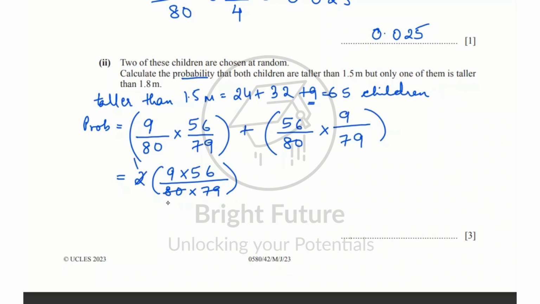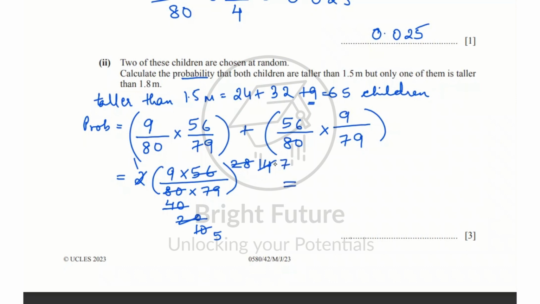2 ones are 2, 2 fours are 8, 2 twos are 4, 2 eights are 16, 2 tens are 20.